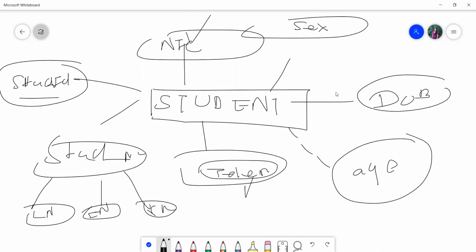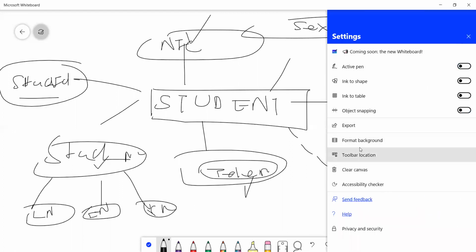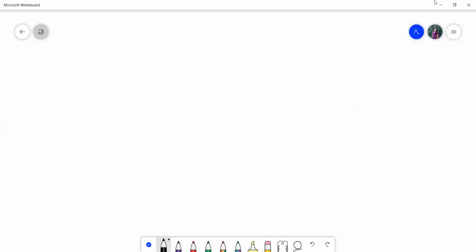So what is the composite attribute? Student name. So give me an example of a simple attribute. DOB, and the sex. So what is the derived attribute? Age. Okay, this is the summary of the ER diagram up to now.